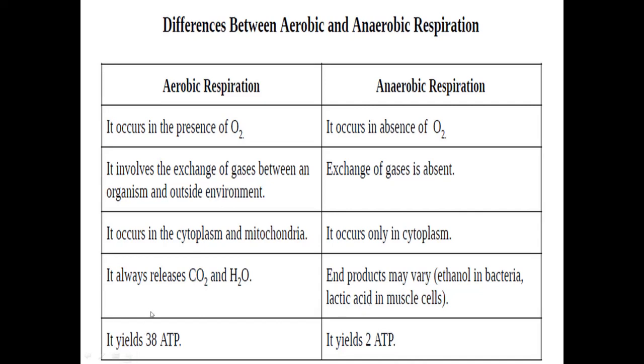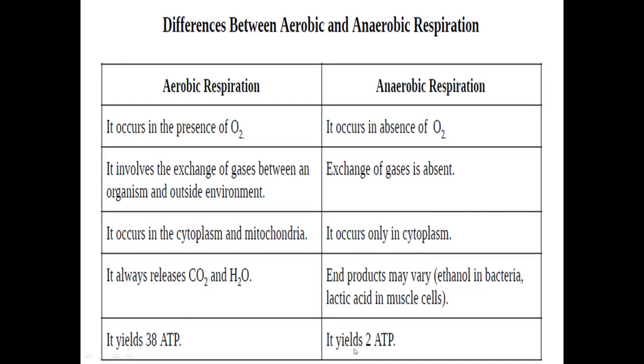So, as a result of aerobic respiration, how many ATPs are generated? 38 ATP, adenosine triphosphate, 38 energy currency ATP are generated as a result of aerobic respiration.